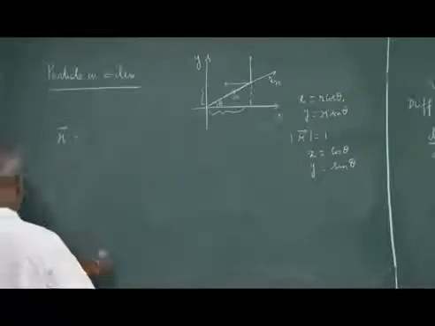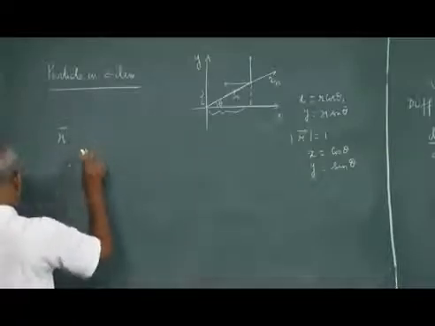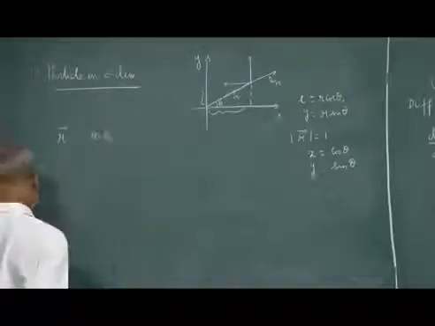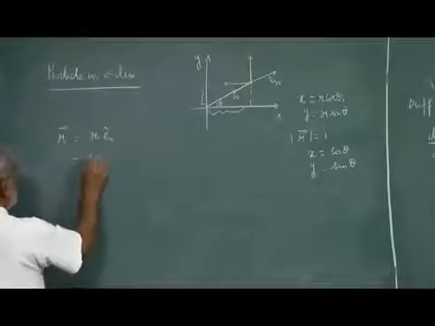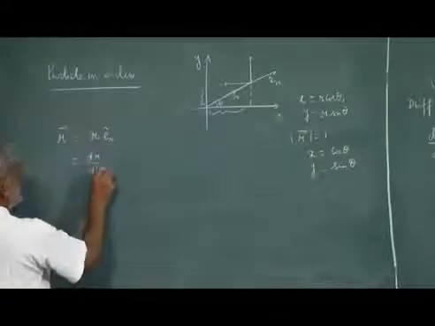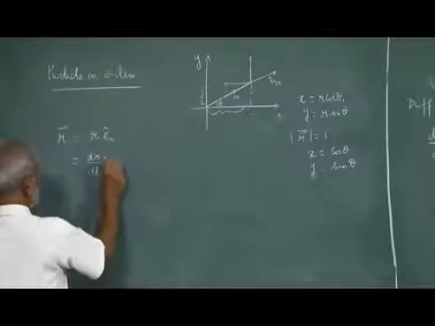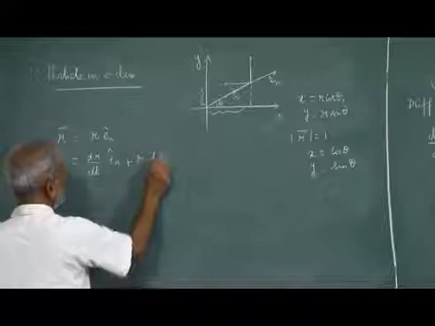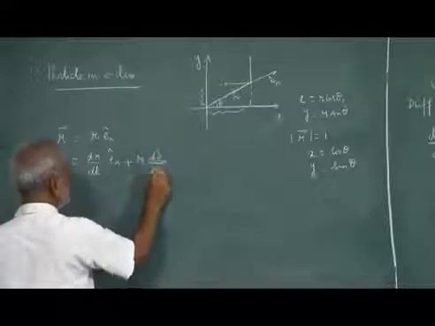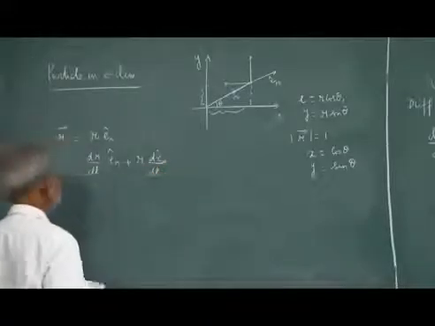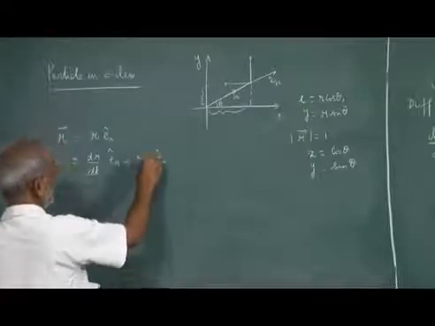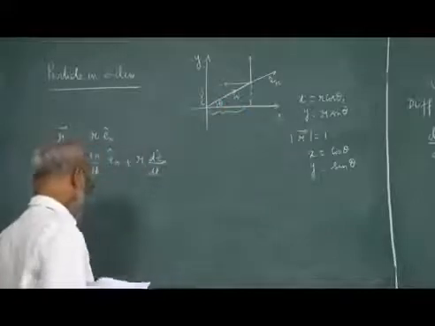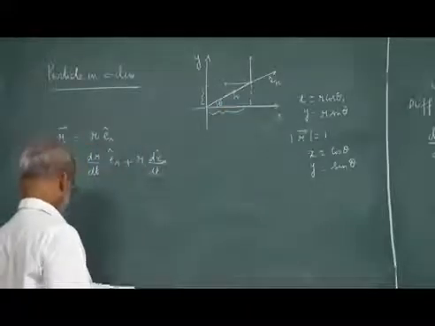So I have such a vector, so dr by dt, r is equal to magnitude of the vector times unit vector, right. So I have dr by dt times unit vector r plus r times der by dt. This is the time derivative of the unit vector along the radial direction, is it right? That is what I need to calculate, and it is very simple.